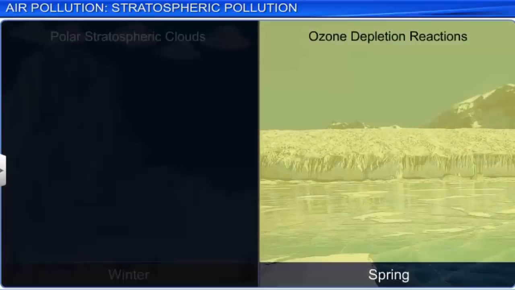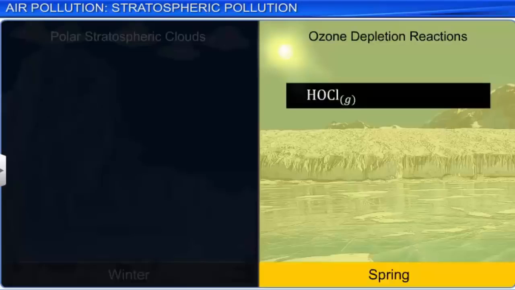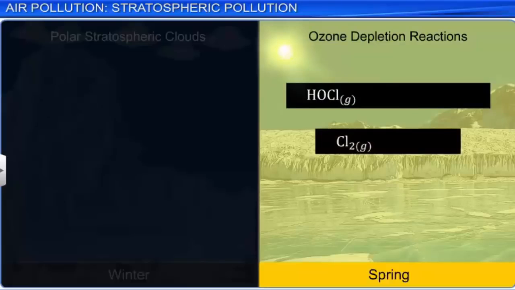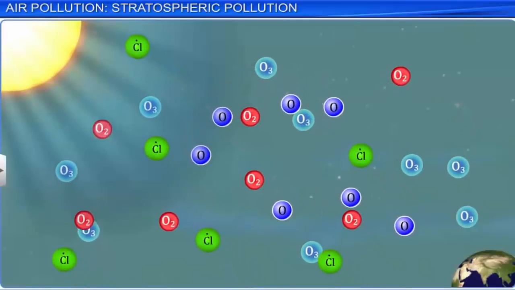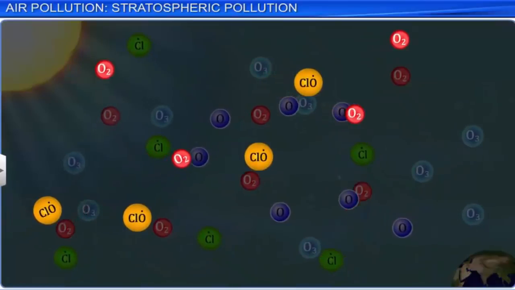However, during spring, in the presence of sunlight, the hypochlorous acid as well as chlorine molecules undergo further photolysis to form chlorine-free radicals. Thus, in spring, chlorine radicals which are constantly added initiate the chain reaction. This free chlorine radical is initially removed by reaction with ozone to form chlorine monoxide.